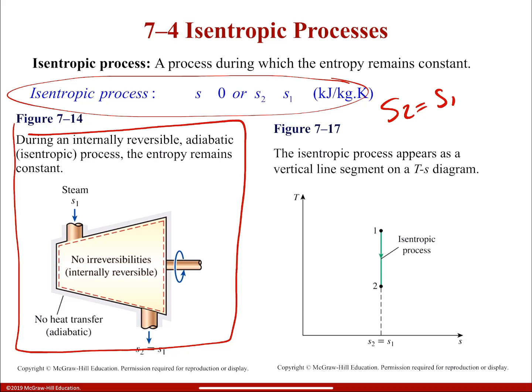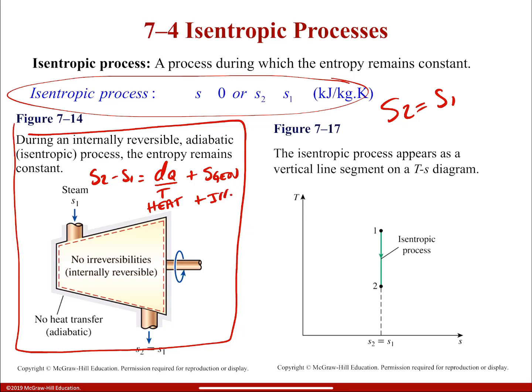During an internally reversible adiabatic process, the entropy remains constant. Just remember the equation that we had: S2 minus S1 equals the integral of dQ over T plus the entropy generated. This one was due to heat, and this one was due to irreversibilities in the process.